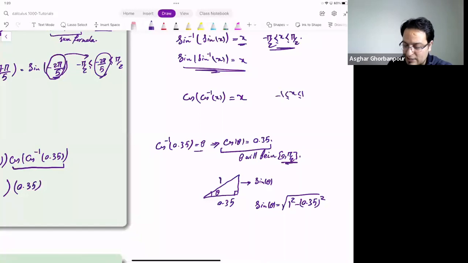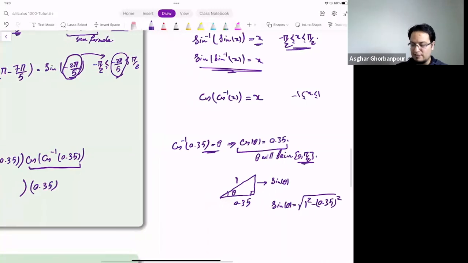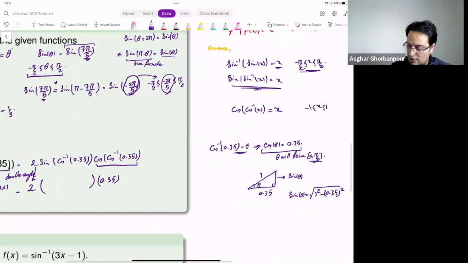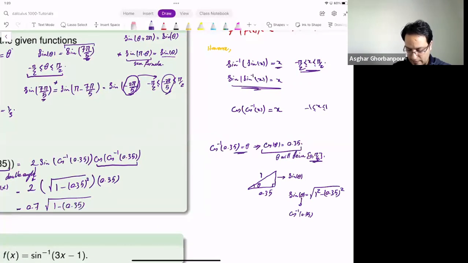Based on the fact that cosine is positive and theta is in that interval, this is only positive. So we have found the value for sine of cosine inverse of 0.35, and that is root 1 minus 0.35 squared. So the answer is 0.7 root 1 minus 0.35 squared.